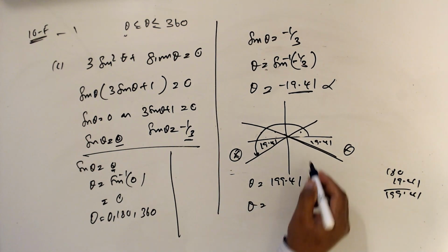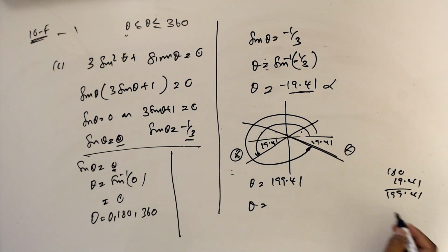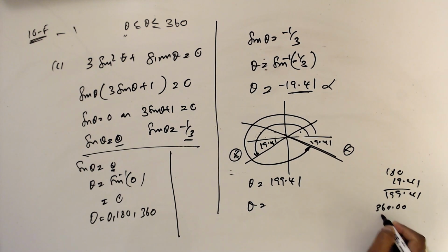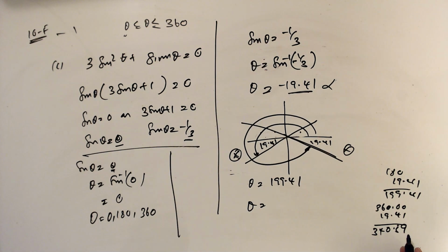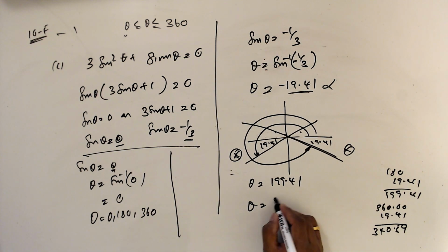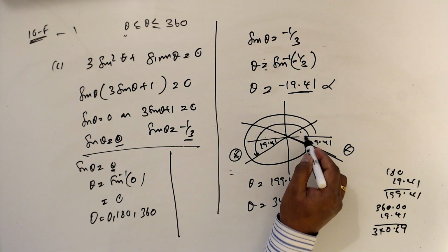And the other angle is this one. It means 360 minus 19.41, so 340.59.